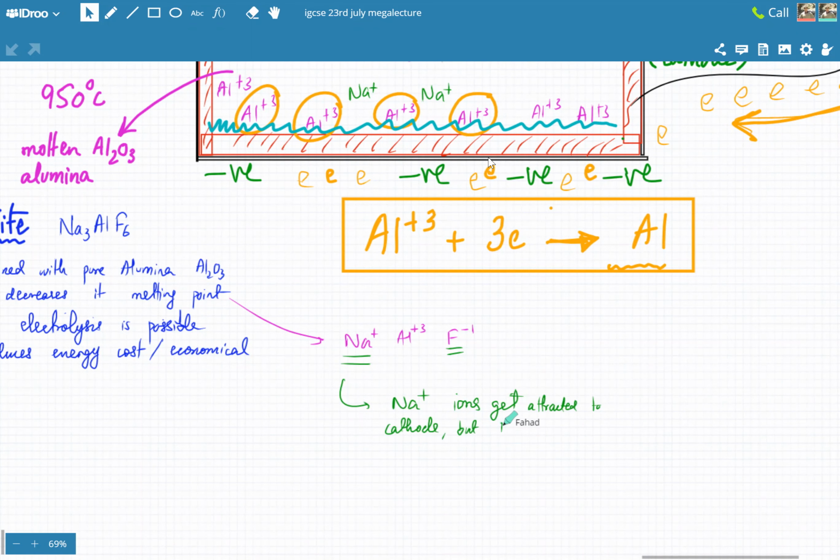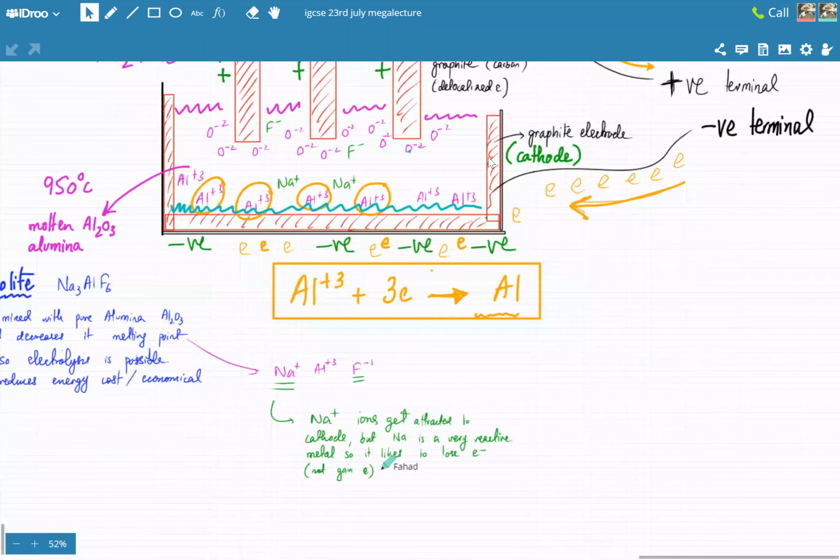So Na is a very reactive metal. So it always likes to lose electrons. It doesn't like to really gain electrons. So it would not like to gain electrons. So there wouldn't be any reaction at cathode.